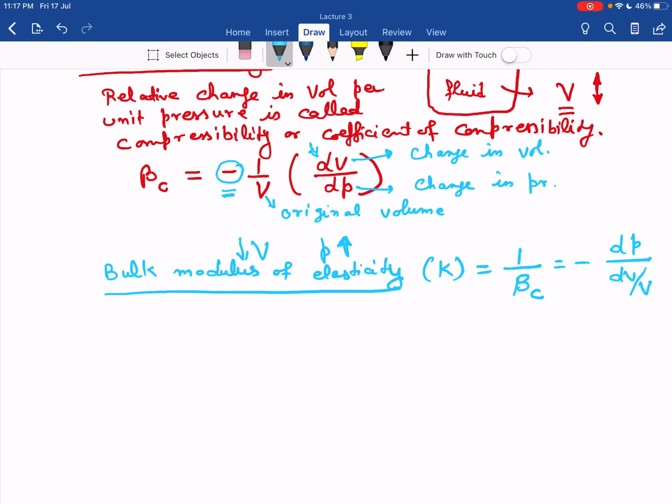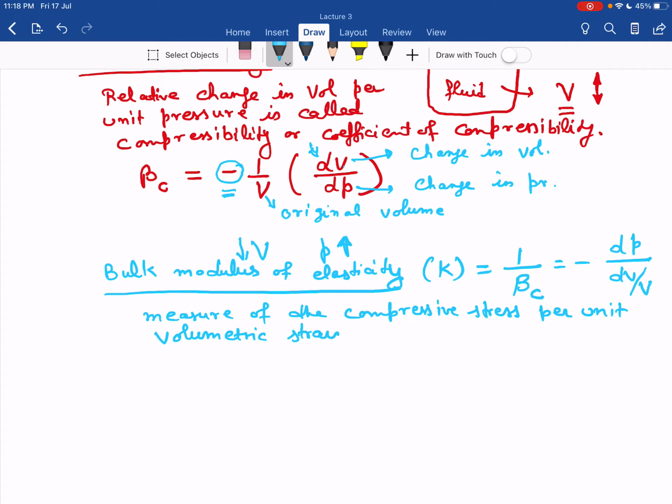So you can also say this is the measure of compressive stress per unit volumetric strain.